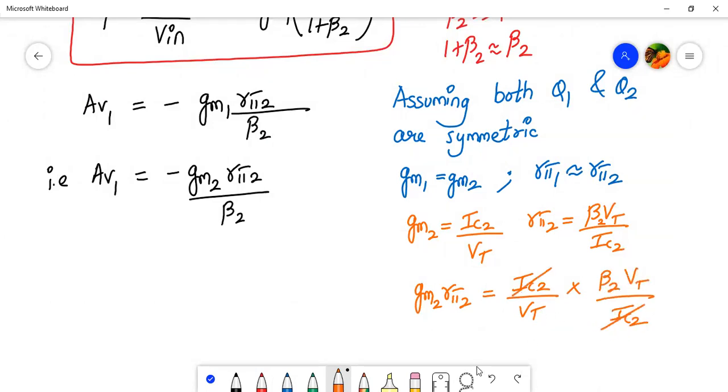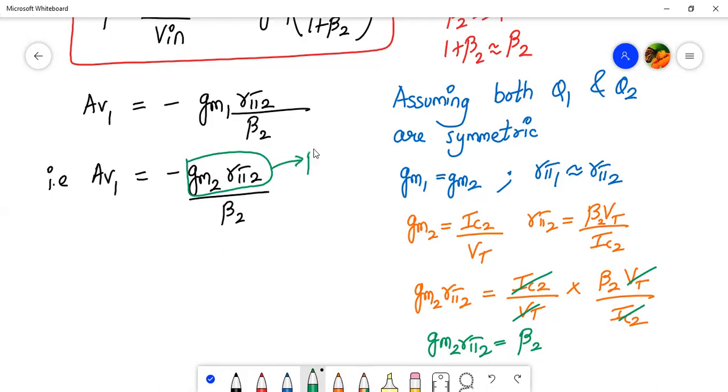So over here IC2 gets cancelled out, and VT also gets cancelled out. What is left? GM into R pi is the same as beta 2, correct? So this we substituted over here. Instead of having GM into R pi 2, we can replace it by beta 2.